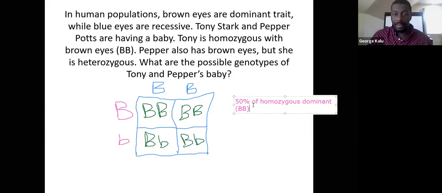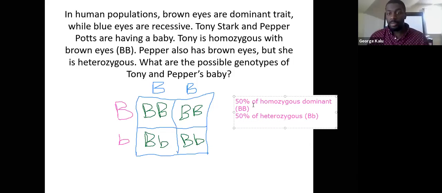Cool. Now, what's the likelihood of us getting an individual who is heterozygous? I'm seeing 50%, right? So a 50% chance of a heterozygous offspring, so big B, little b.